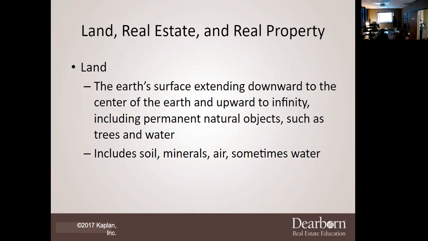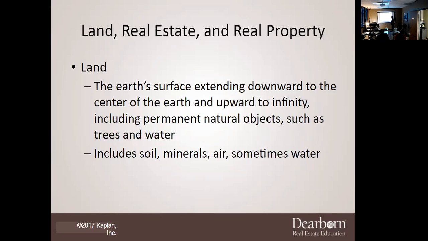Land is legally defined as the Earth's surface extending downward to the center of the Earth and upward to infinity. This also includes permanent natural objects, very key there, such as trees and water. We'll come back to that in just a moment in regards to natural objects.